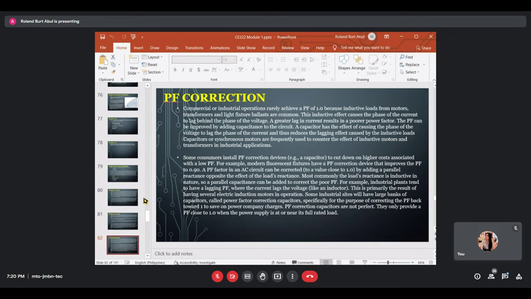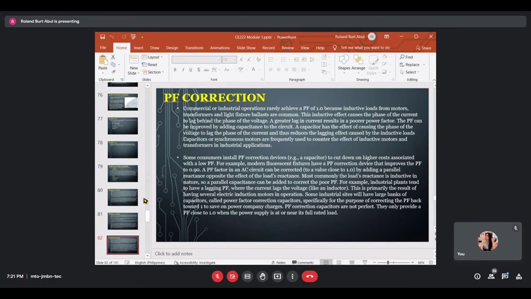So, from the perspective of the power company, a low overall PF means the power company must provide more generating capacity than actually is required. The goal of a power company is a PF of 1 or unity power factor. As a result, power companies require their customers, especially those with large loads, to maintain their PFs above a specified amount, usually 90%, 95%, or even higher.